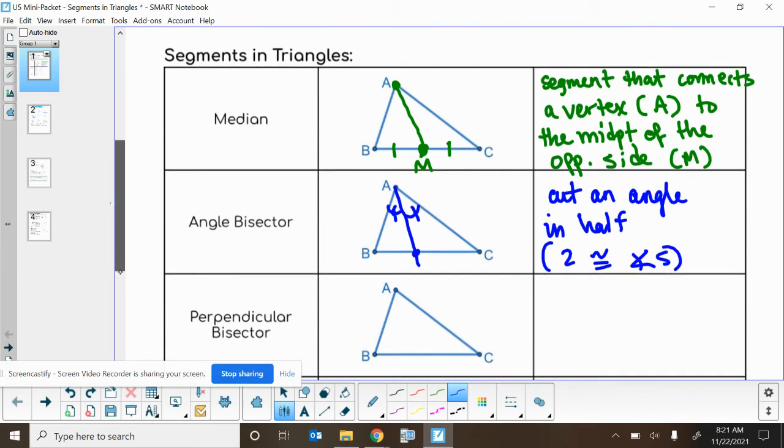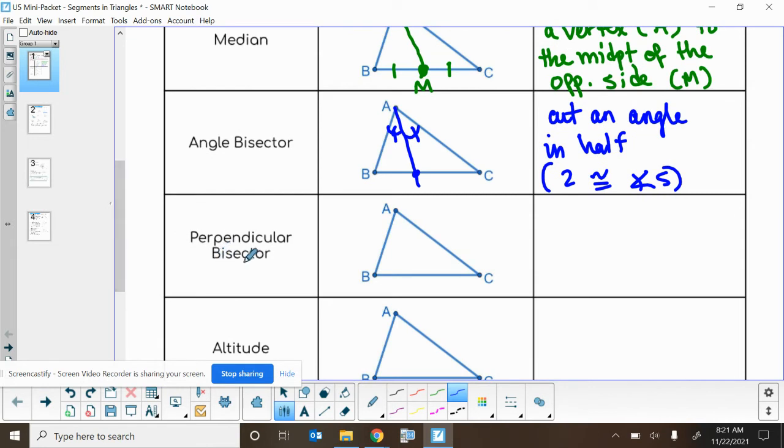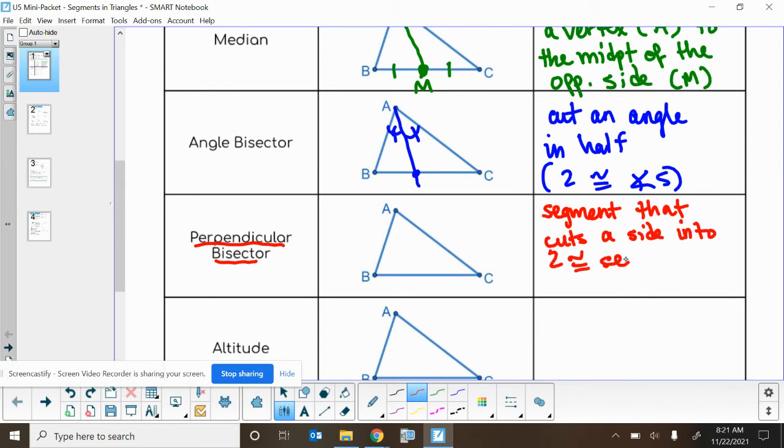Okay, another special segment in triangles is the perpendicular bisector. Oh, there we have that word bisector. That cuts something in half. And perpendicular means we're going to have a right angle. So it's a segment or a line or a ray that cuts a side into two congruent segments at a right angle.